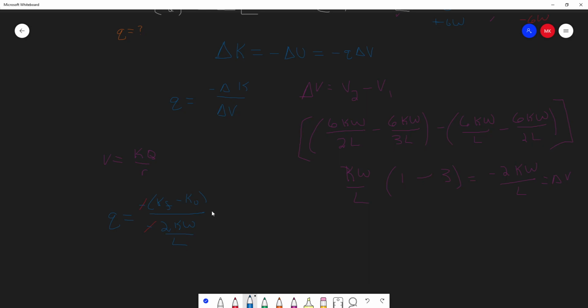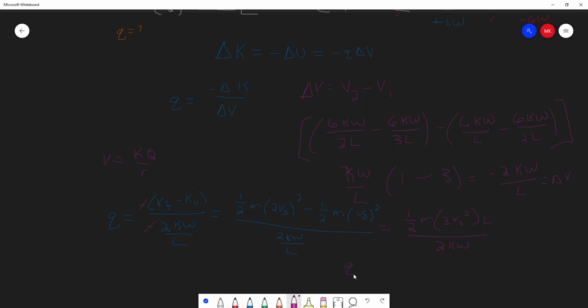Kf is our final kinetic energy, which is just 1/2 times our mass, times our final velocity squared, where our final velocity is 2v naught, minus our initial kinetic energy, 1/2 m, where our initial velocity is v naught, v naught squared, over 2kW over L. And then doing some algebra here, we get 1/2 m times 4v naught squared minus v naught squared, so 3 v naught squared divided by 2kW over L, and the L will pop up.